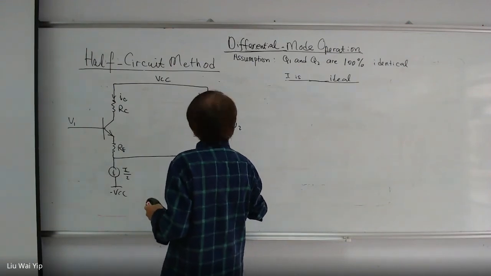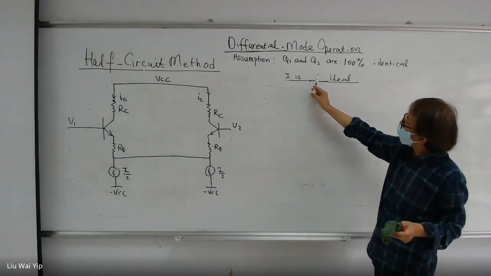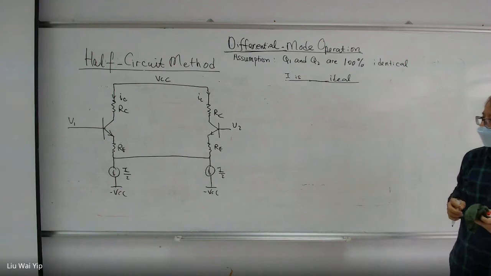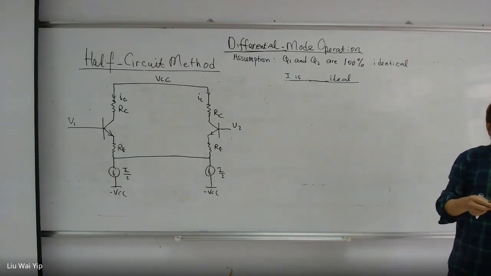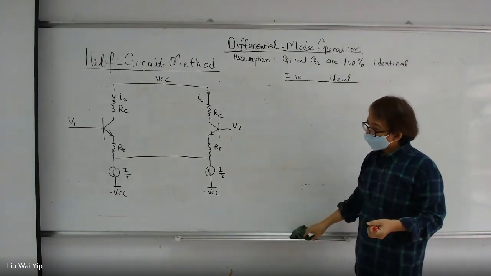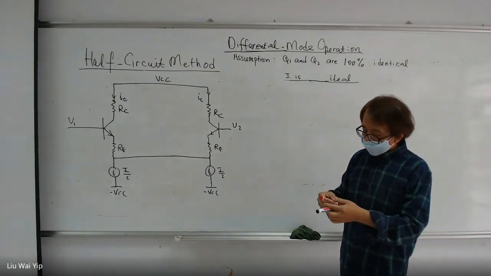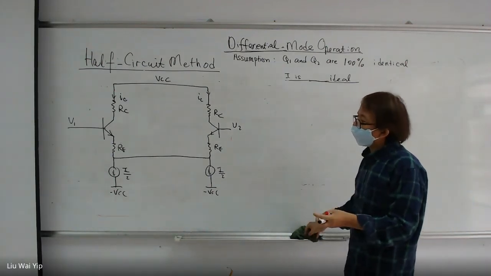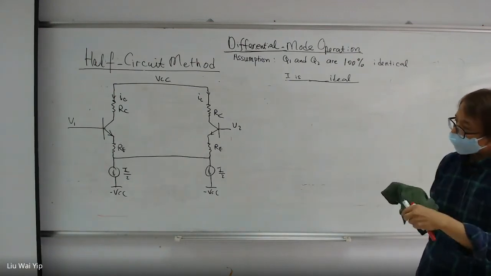And now the current source for the ideal situation is infinity, the impedance will be infinity. So it's literally open circuit in AC. Before doing this, let's convert this into a small signal diagram.